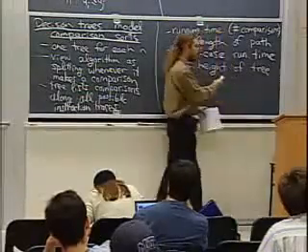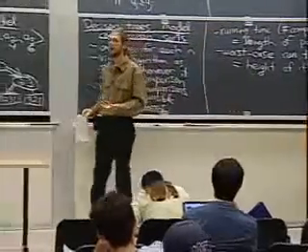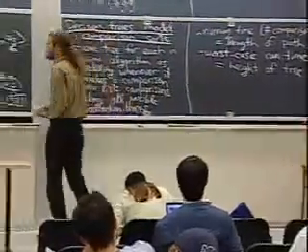Okay, so this is what we want to measure. We want to claim that the height of the tree has to be at least n log n, with an omega in front. So that's what we'll prove.